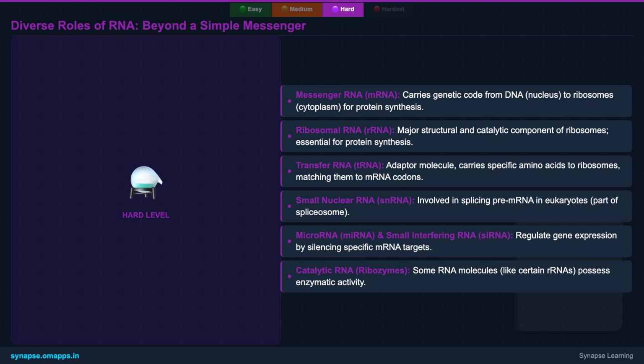Transfer RNA, tRNA, acts as an adapter, bringing specific amino acids to the ribosome based on the mRNA code. We also have smaller RNAs like snRNA involved in splicing and miRNA and siRNA, which play crucial roles in regulating gene expression by silencing specific genes. Each type of RNA is finely tuned for its specific cellular role.